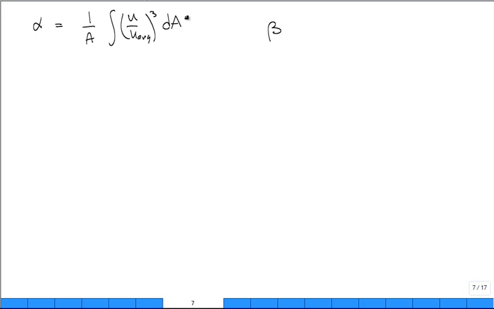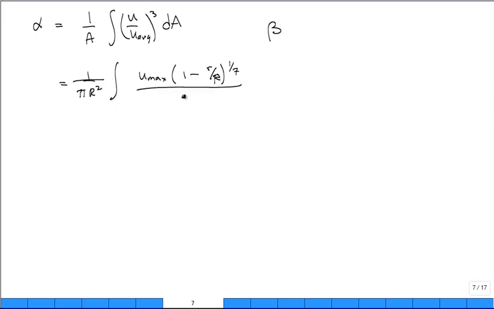Now, so what we do is we say it's 1 over pi r squared for the area. The integral of the V over V average. Well, V was U max times 1 minus lowercase r over cap R, all to the 1/7 power.